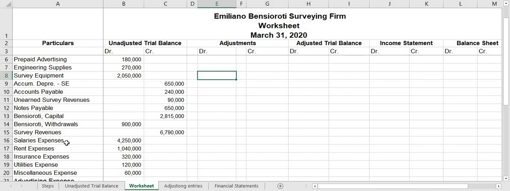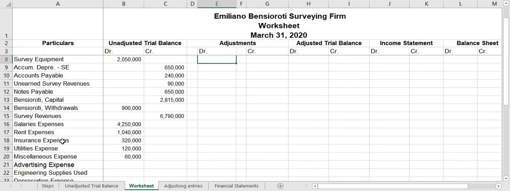So, based on our unadjusted trial balance, we have no advertising expense. Therefore, we need here to add an additional account title in the particulars column, advertising expense. Okay, so let's add advertising expense.